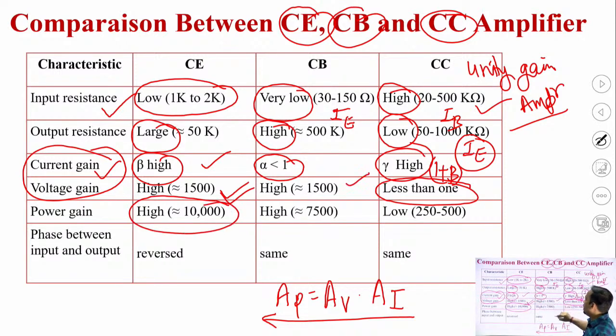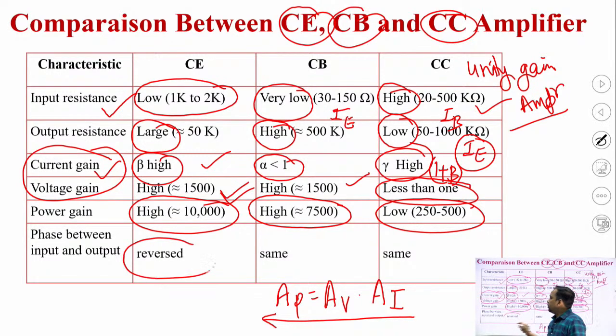Where this value is high and this is less than 1, the power gain is low. So we can say that the common emitter amplifier has the highest power gain.